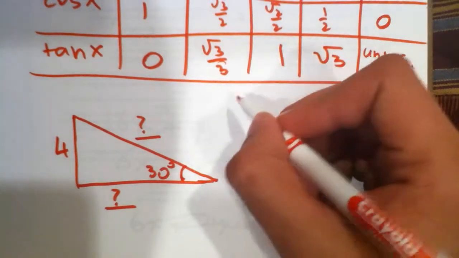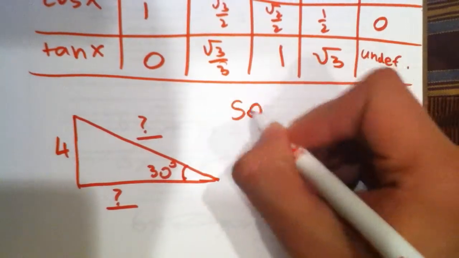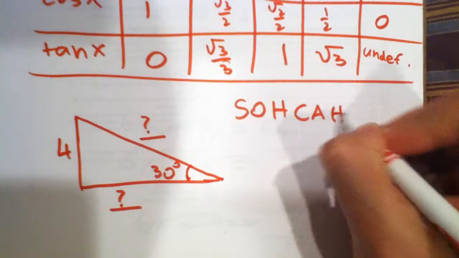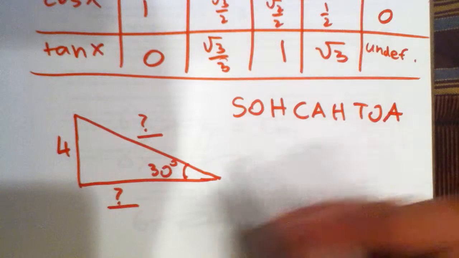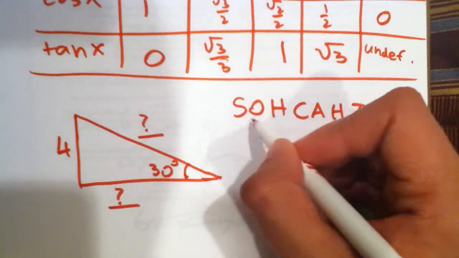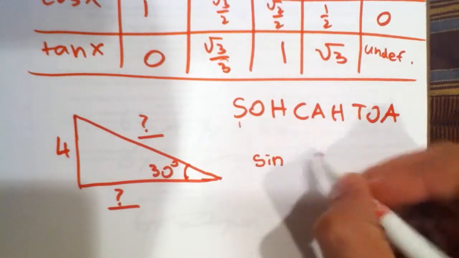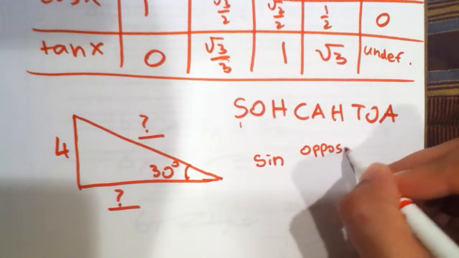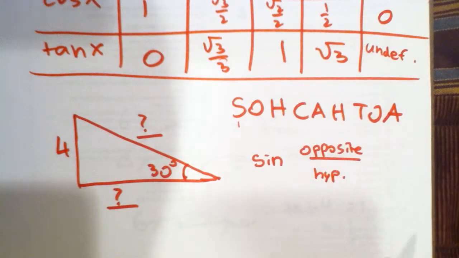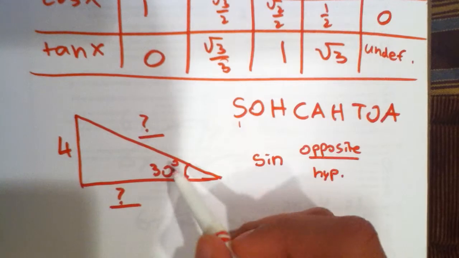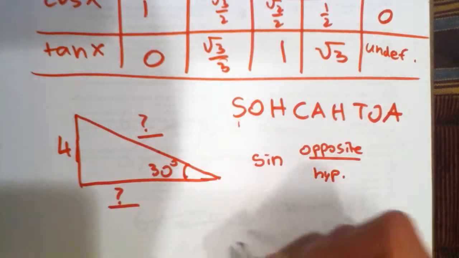There's a mnemonic device that's used, SOHCAHTOA, and this basically defines each function in terms of a triangle. Sine, the S stands for sine, is opposite over hypotenuse. So in this case, it would be 4 over this, which is equal to sine 30.